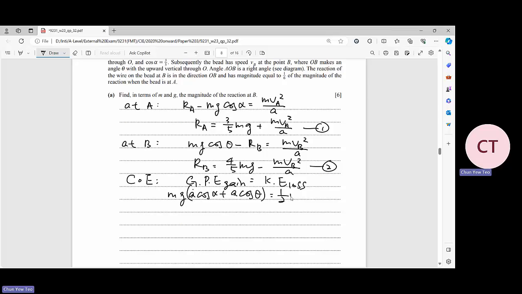KE loss is half m VA square minus the VB square. Cancel the m. Factorize the gA out. Then you have cos alpha was 3 over 5 plus 4 over 5, is equal to half of the VA square minus the VB square.